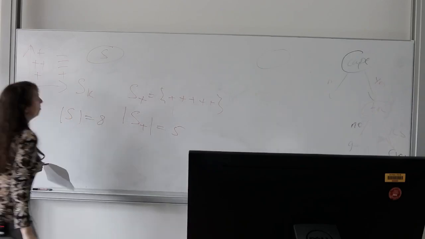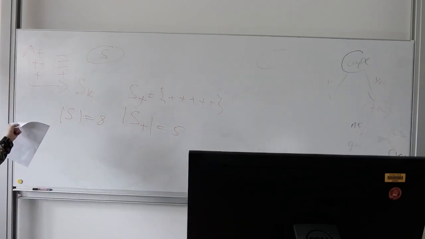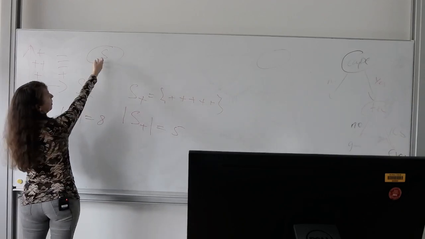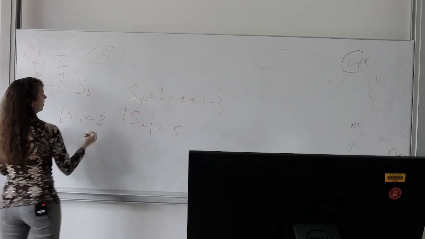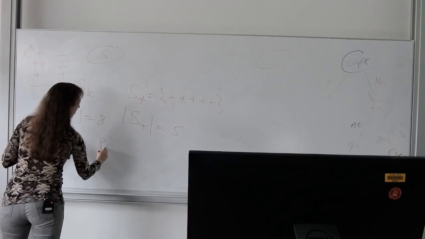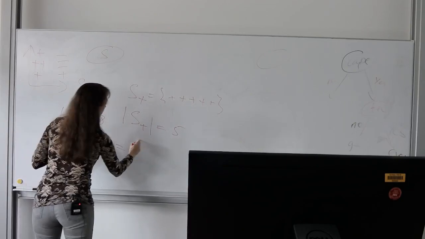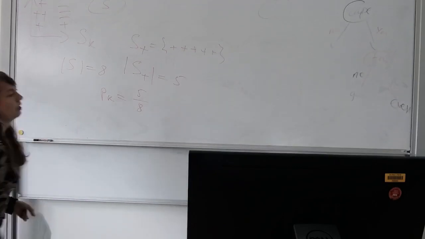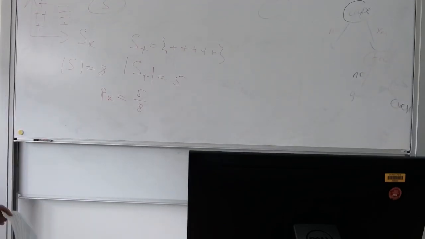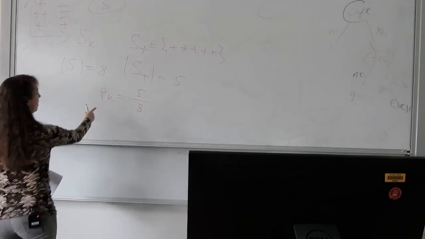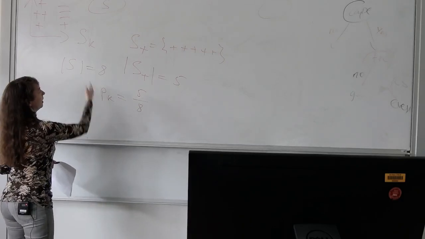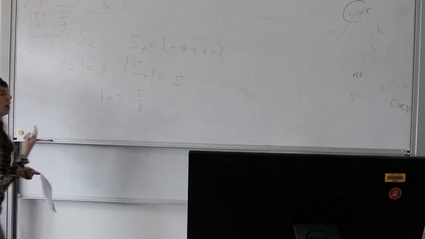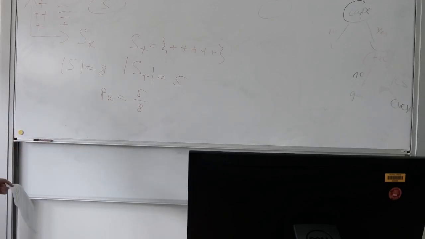And that means that the probability of us picking a label with class k out of the set is equal to 5 divided by 8. This is what we're interested in. We obviously want this probability in the end to be high for one class and 0 for all other classes.